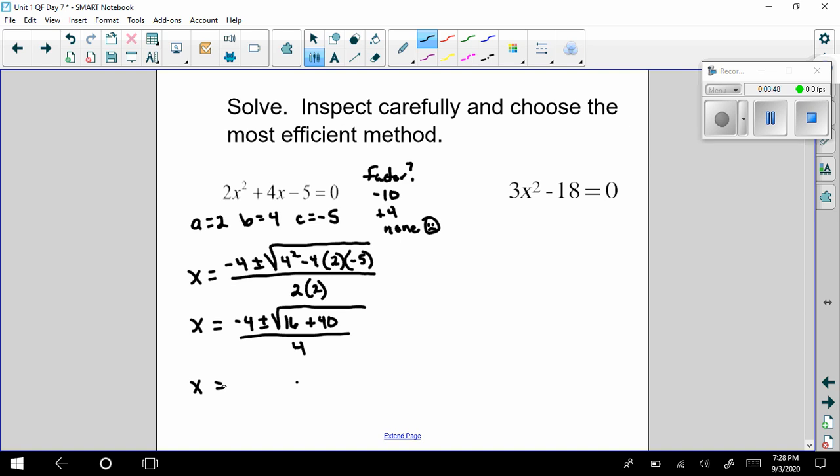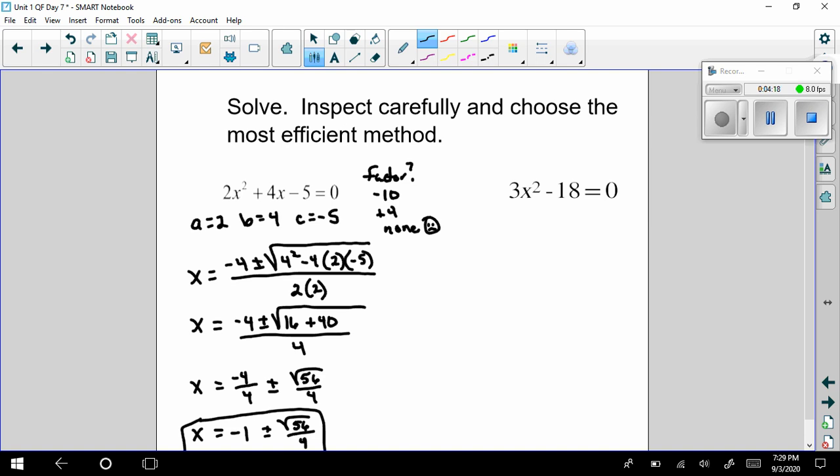So now I separate it to negative 4 over 4, plus or minus the square root of 56 over 4. And I get negative 1 plus or minus the square root of 56 over 4. When we do the unit on polynomials, we will work on simplifying those radicals.